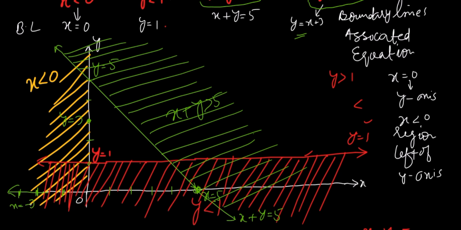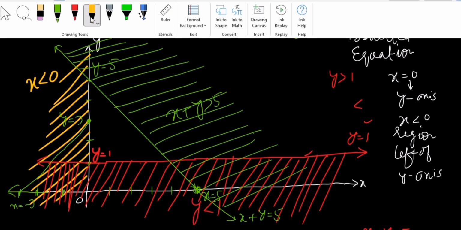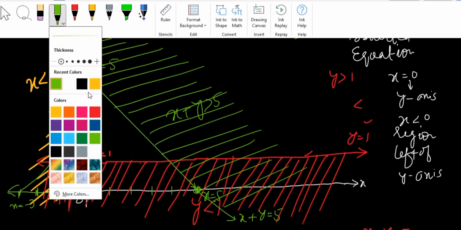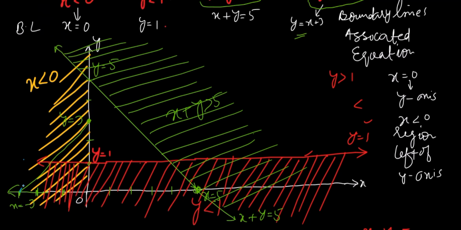Now joining these two intercepts, I should change the color of the marker. Okay. So by joining these two intercepts and by extending the line, this boundary line shows the graph of y is equal to x plus 3.